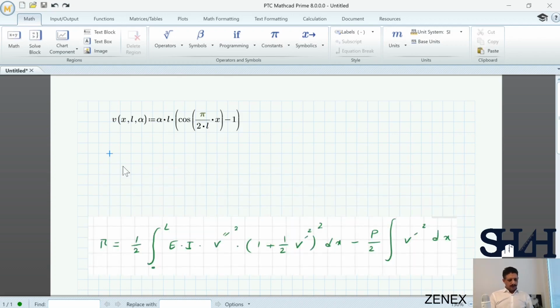Now I can write the total potential energy. It's a function of E, I, and P, also L and alpha. It will not be a function of x because we are making the integration.